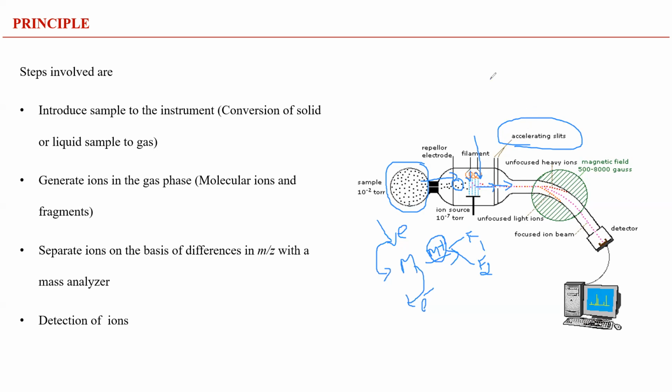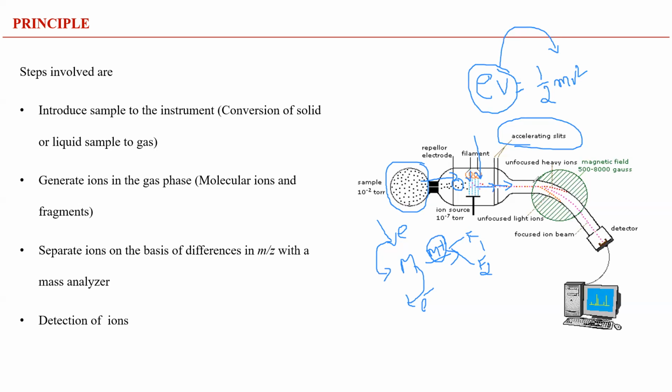Here the applied electric voltage, the accelerator potential, is directly proportional to the kinetic energy of the molecule, that is nothing but mv square, because the accelerator electrostatic potential equals the kinetic energy of the molecular ions or fragment ions.